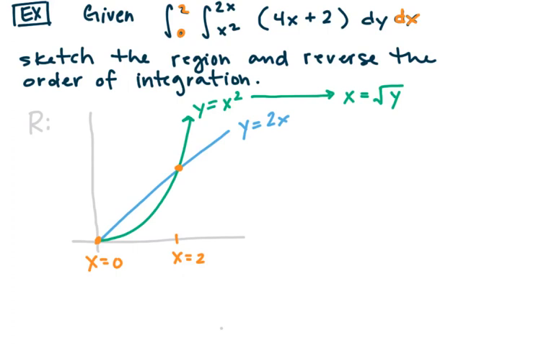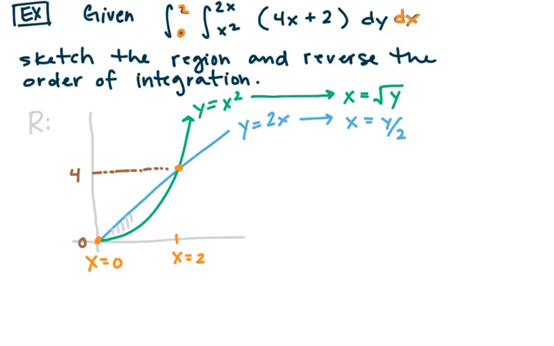The other equation, rewritten in terms of x, would be x equals y over 2, or 1/2 y. So what would my y bounds be? We'd be going from 0, and if I plug 2 into either of these equations, 2 squared, 2 times 2, we get 4.